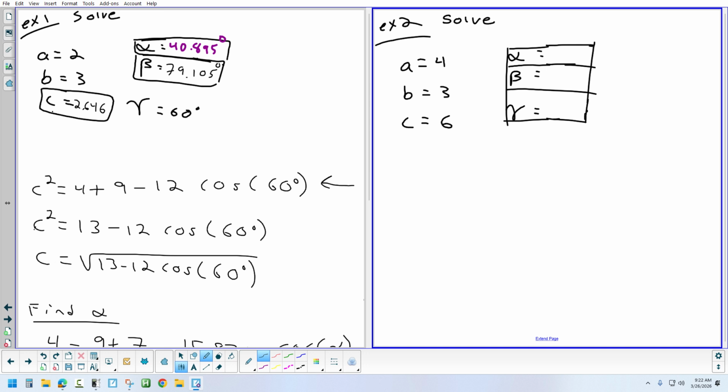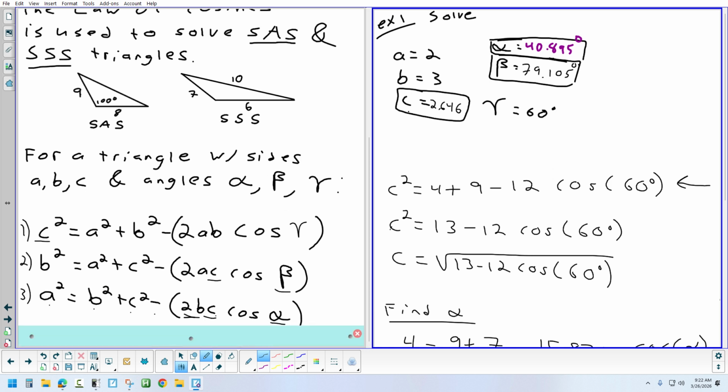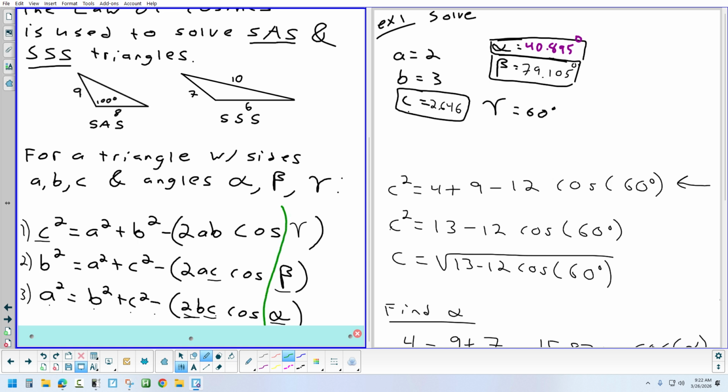Also, when you know all three sides, you can find any angle that you want. So you can go back and look at your different versions for law of cosines. You know the A, the B, and the C. So you know everything in all of those formulas right up to the green line.